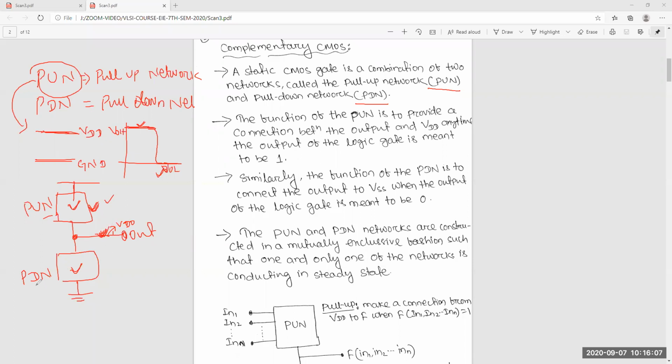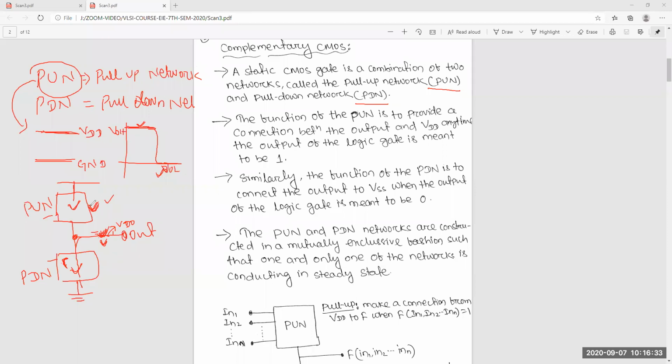Similarly, the pull down network will pull that output down to 0. Suppose the output is at VDD. This network is nothing but a combination of NMOSes. When the NMOSes are on, this path is shorted, so the voltage will be 0, pulled down.